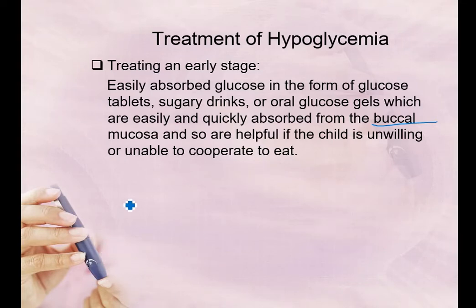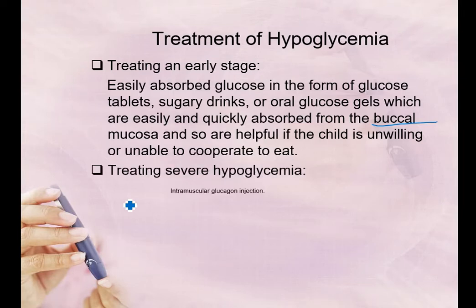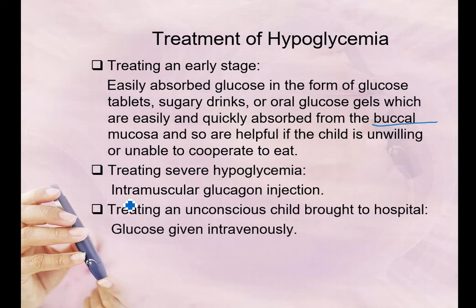In cases of severe hypoglycemia, treat with an intramuscular glucagon injection. An unconscious child should be admitted to the hospital and considered an emergency case, and should be given intravenous glucose.